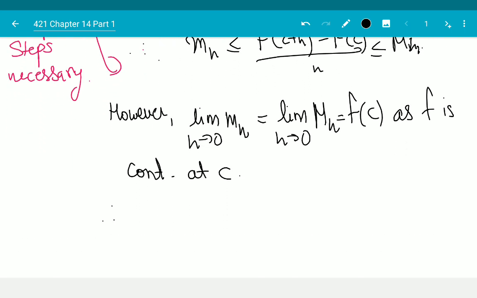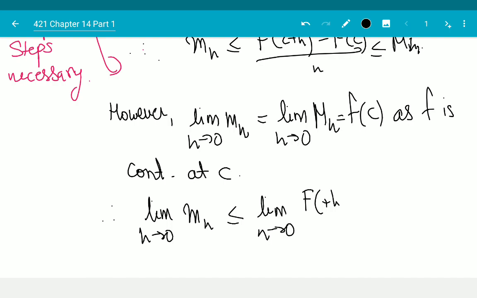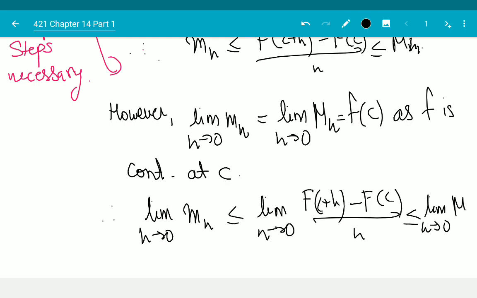And therefore, by squeeze theorem, limit h goes to 0 of m of h is smaller than or equal to limit h goes to 0 of (f of c plus h minus f of c) all the way over h, is smaller than or equal to limit h goes to 0 of capital M of h.